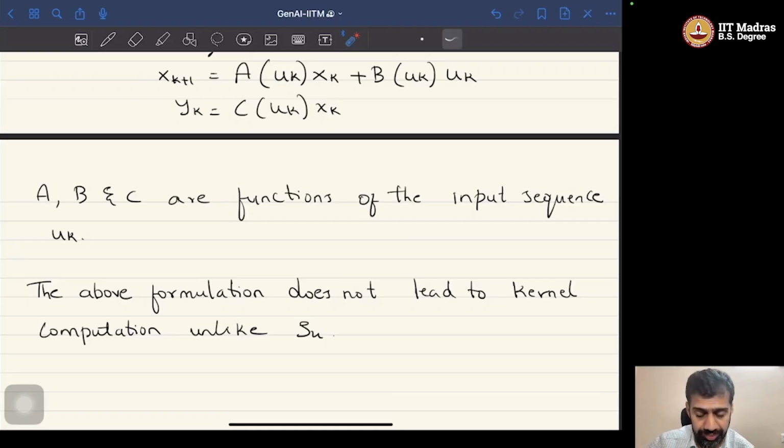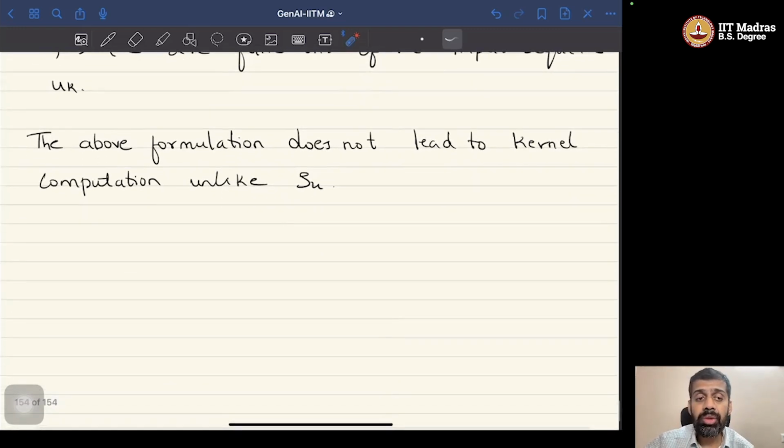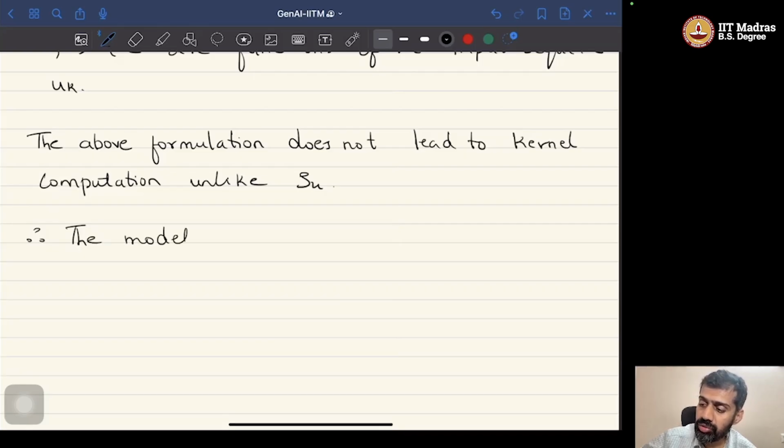Therefore, unlike S4 where the kernel was fixed and all the tricks that we saw, taking it to the frequency domain and computing it using the Cauchy kernel, is not applicable in the case of a selective state space model such as Mamba. Then the entire computation differs here. Therefore, model training and inference are not done in the frequency domain, unlike in S4.